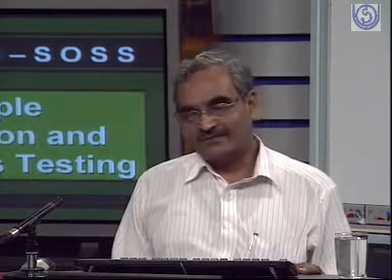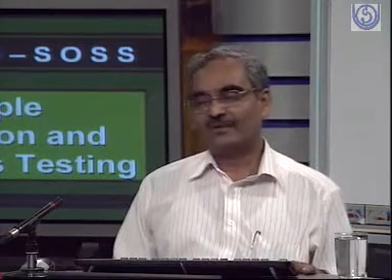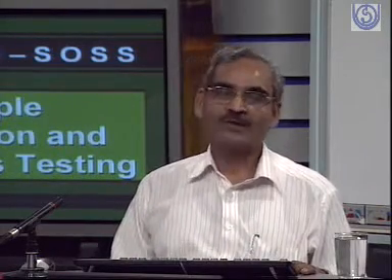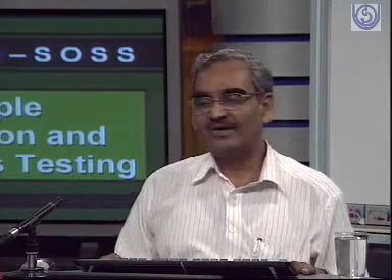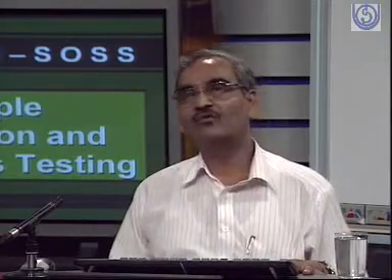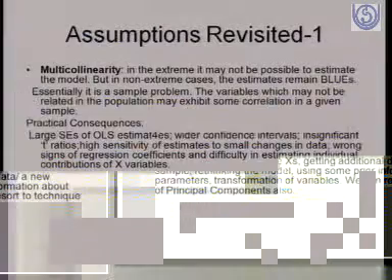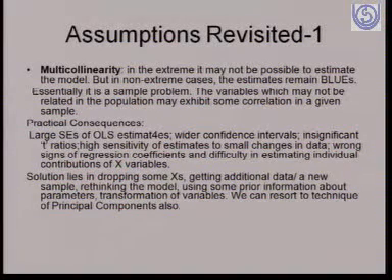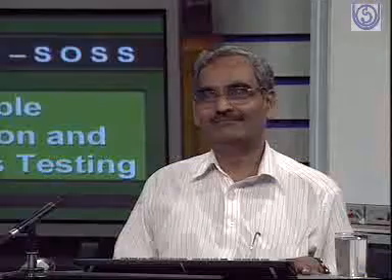And in the extreme case where too many variables are present, to overcome the problem of multicollinearity, we can resort to the technique of principal components also. In that technique, we insist that all the variables which have a high degree of correlation with one another can be represented by one single variable.